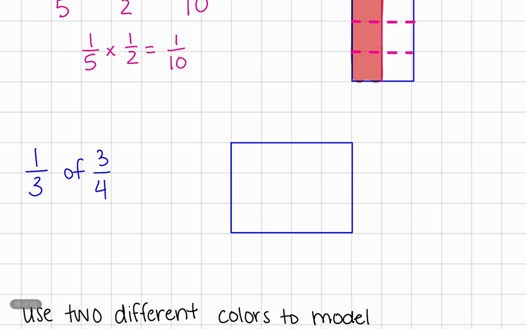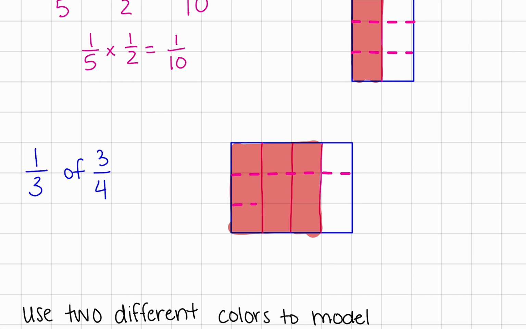Let's do another one. If I do 1/3 of 3/4, I'm going to first break my model into fourths. So I'm going to break my model into fourths. 1, 2, 3, 4. I'm going to color 3/4 of my model because my second fraction is 3/4. And then I'm going to divide my model into thirds.